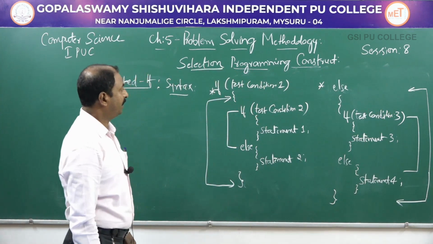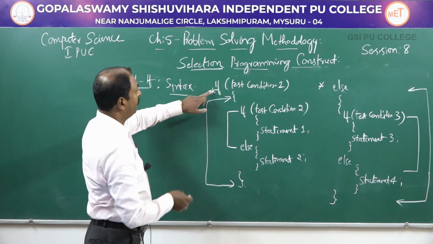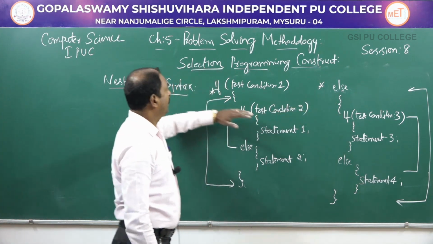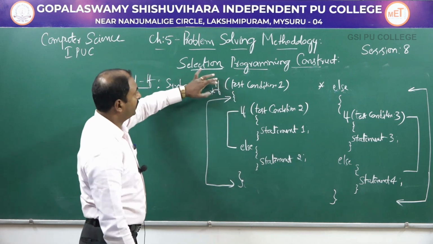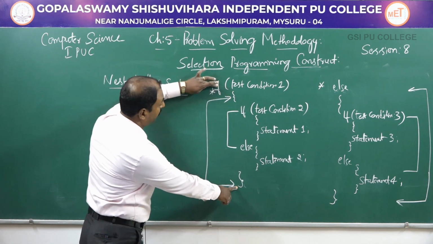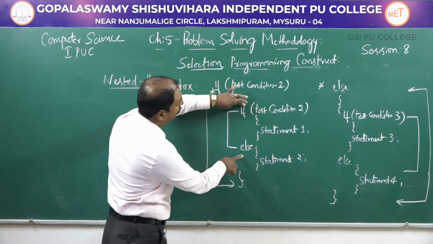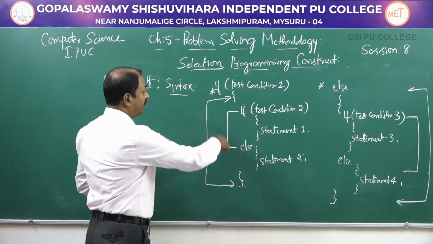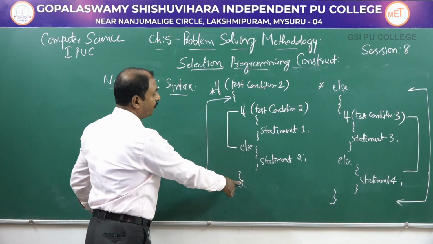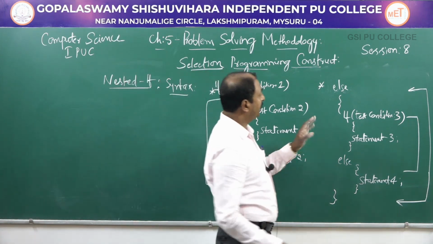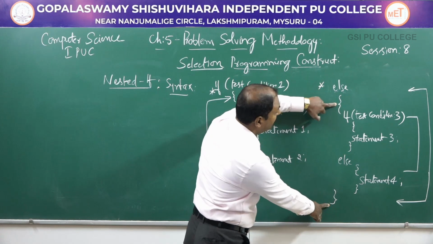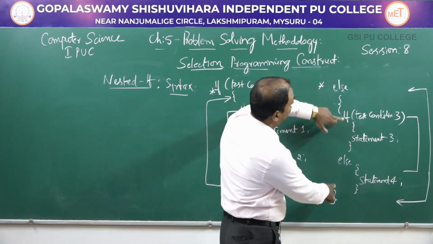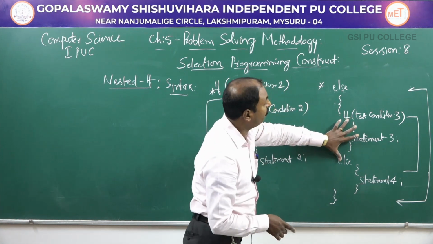Now please observe the diagram or syntax here. If else is one statement, that is the if else construct. Under the if else construct, within this if, we have one more if else statement, and this is nested within the if part of the if else statement. And from here to here is the else part. Inside this you can have one more if else.